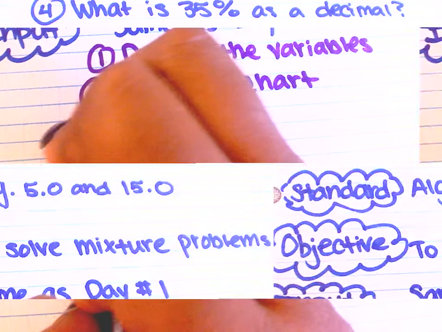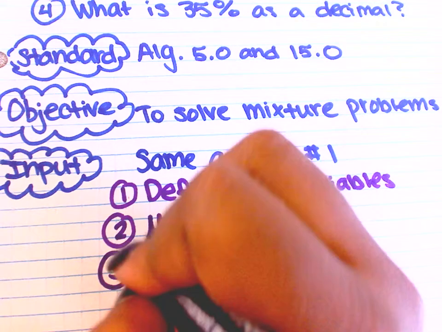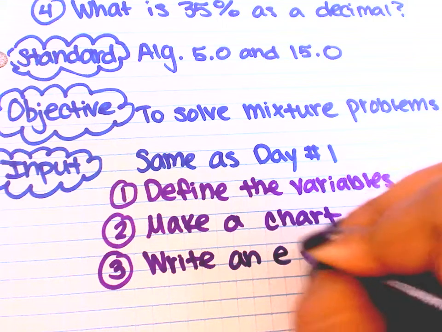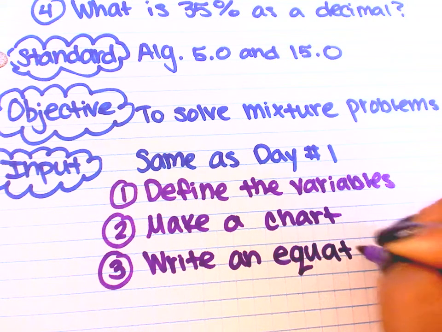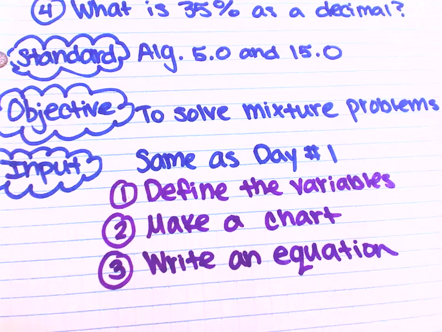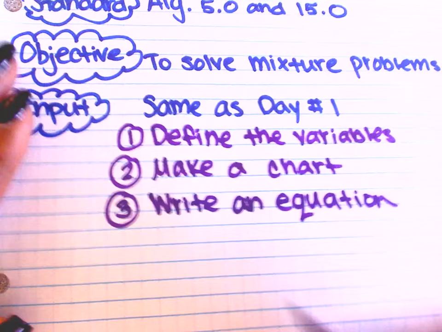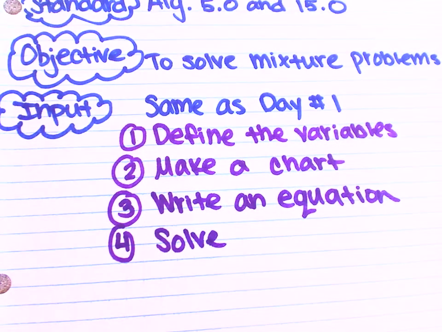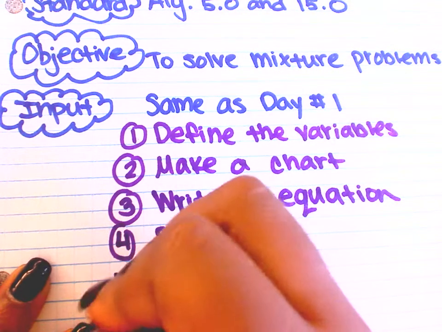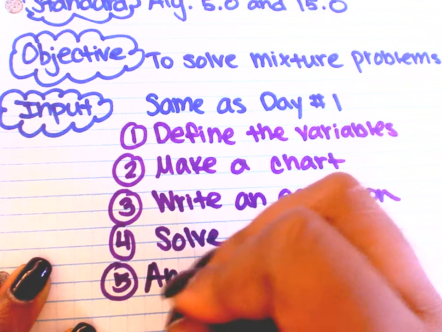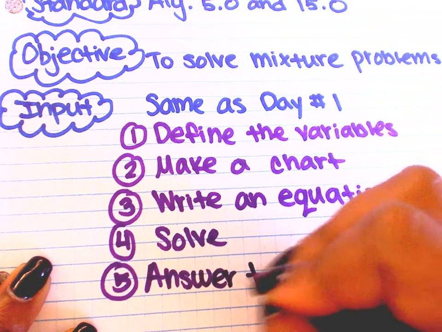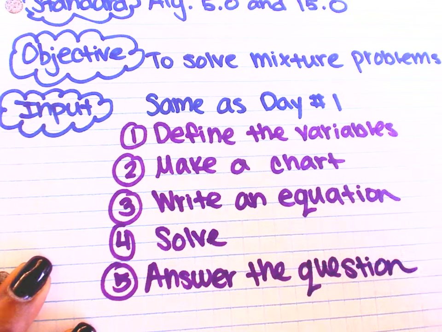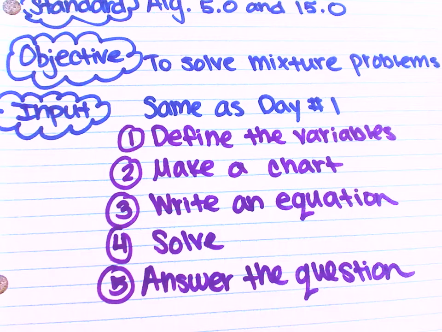You're going to, number 3, write an equation. You're going to, number 4, solve. And number 5, make sure you answer the right questions. Answer the question. Same as yesterday.